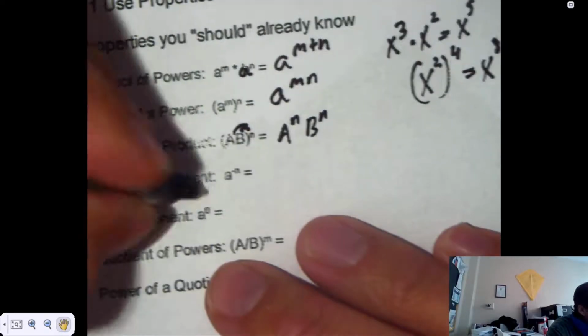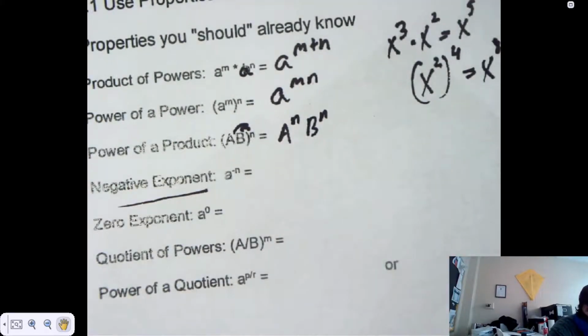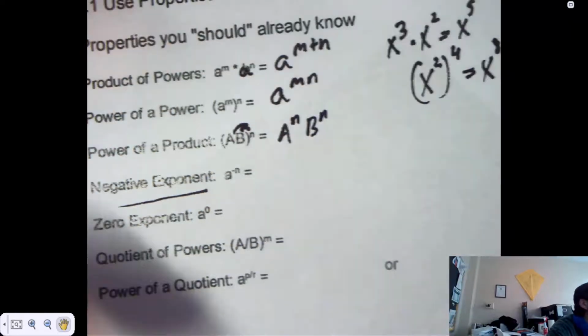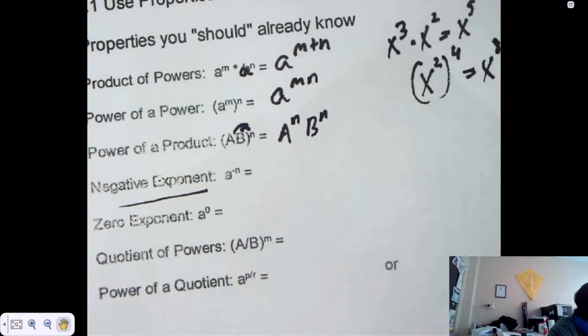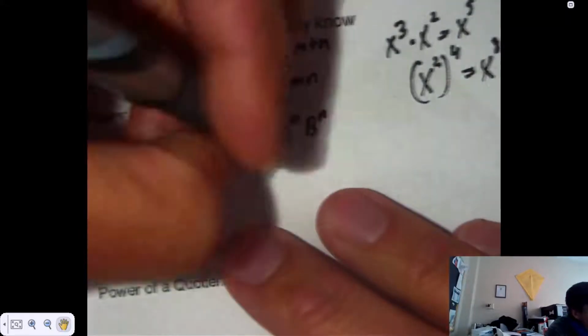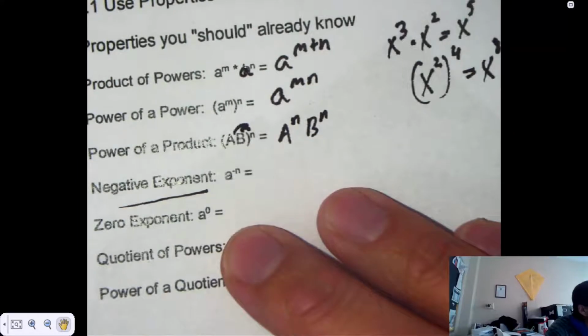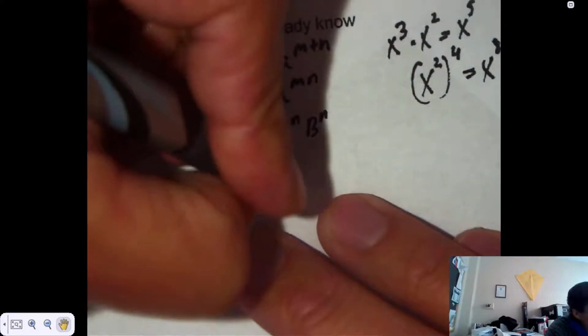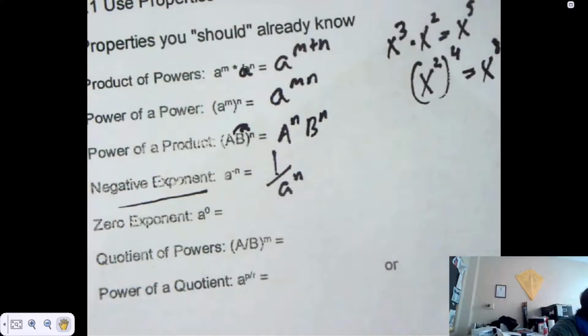Here's the negative exponent rule, and it's one of the most important ones there is, just because of how useful it is. Devin, you know this rule, but I don't know if anybody else does. Does anybody know this rule besides Devin? Yeah. Something to a negative exponent is 1 over the same thing to a positive exponent.